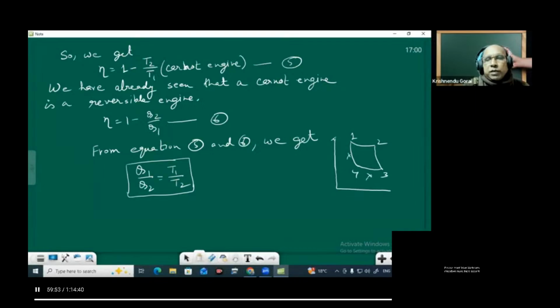This work done will be cancelled because compression is negative. So one will be cancelled, and at the end we get eta equal to 1 minus T2 by T1. So from the book, you follow this Carnot engine, and the whole derivation is given in your book also. So you have to understand how to remember this formula. This is the eta or efficiency. There are many other things also that I'm not going to discuss with you. You get everything from the book, right?